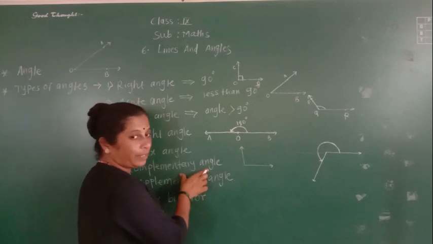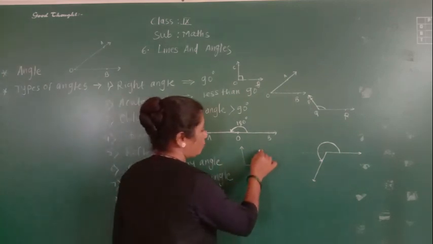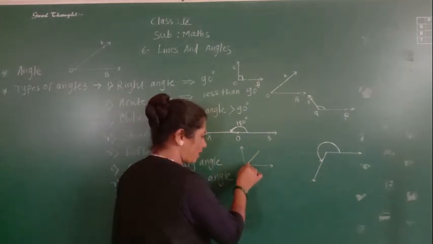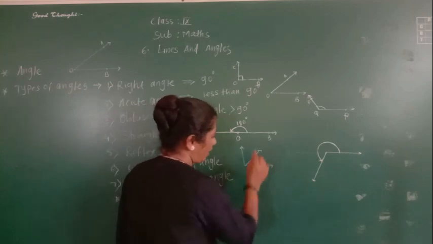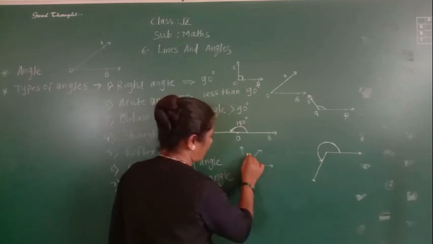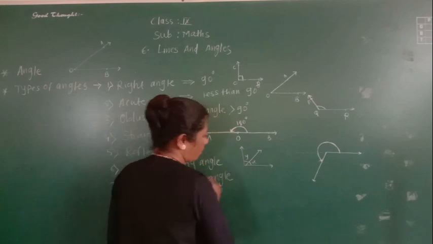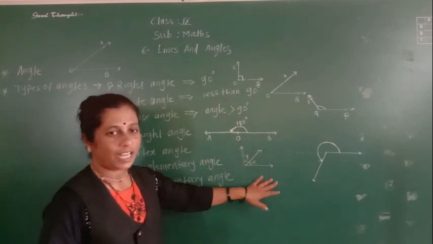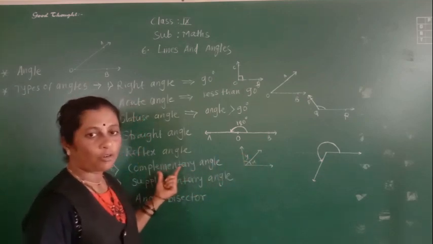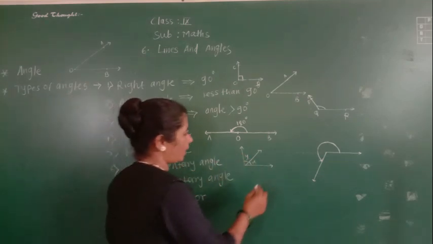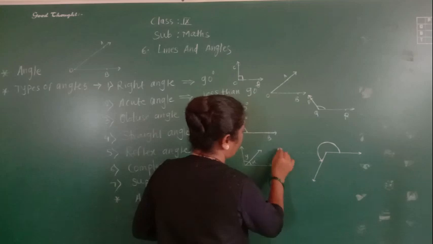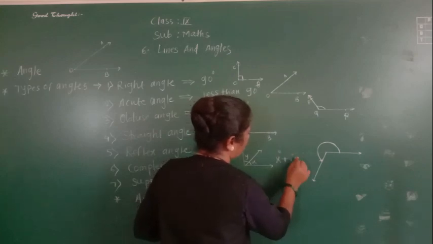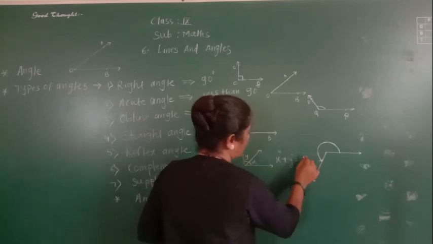So what are complementary angles? Two angles whose sum of measures is 90 degrees. Suppose this is angle x and this is angle y. The sum of these two angles is 90 degrees. Then these two angles are called complementary angles. So here we can say that x degrees plus y degrees equals 90 degrees.